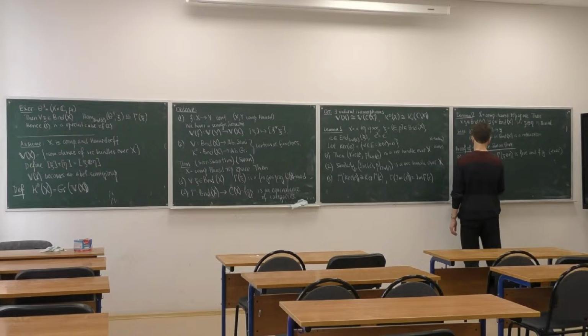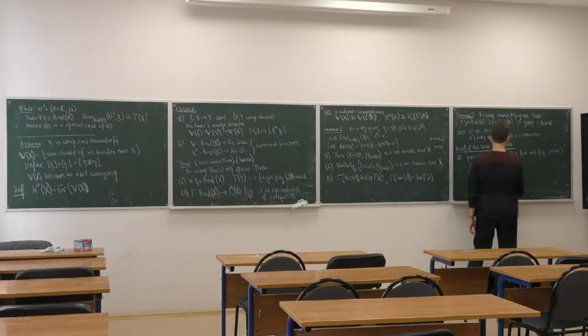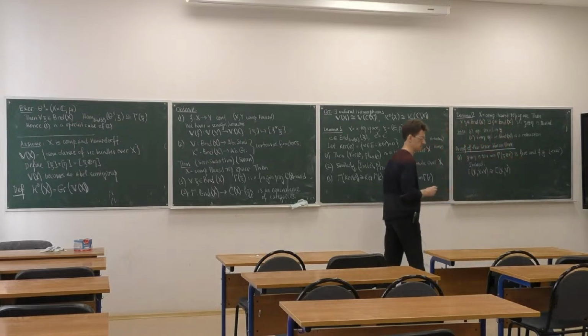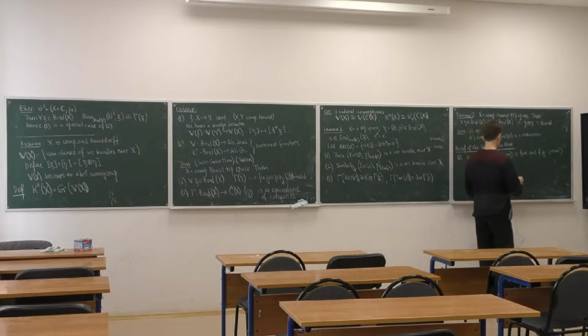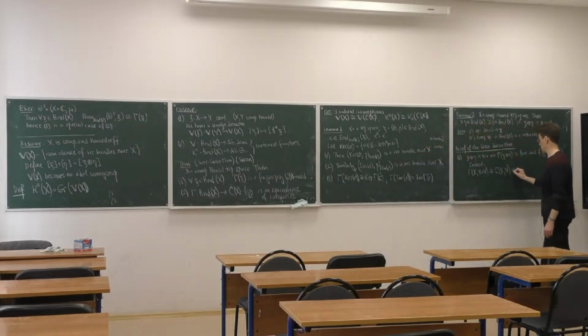Gamma of X, V is isomorphic to the module of continuous functions on X with values in V, and V is finite dimensional, so this is isomorphic to C of X to the power n, where n is the dimension of V. So it is free and finitely generated.